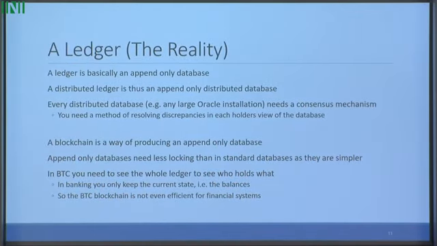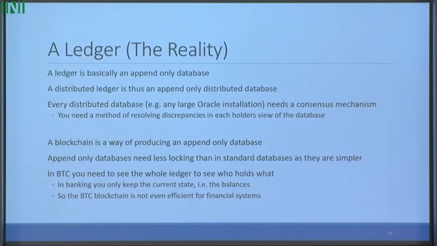So as I've said, it's basically an append-only database. A distributed ledger is basically a distributed database. That is not a modern piece of technology. Oracle has been doing this for years, right? And as with every distributed database, you need a way of having a consensus mechanism.